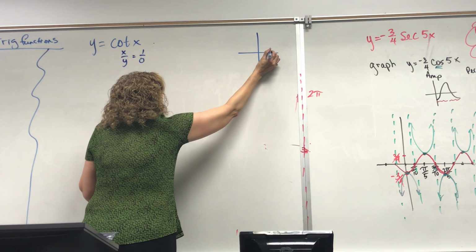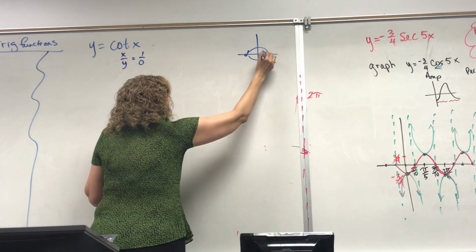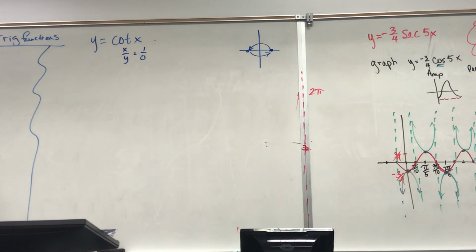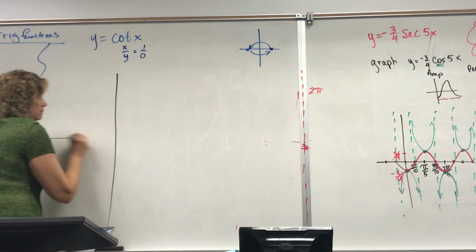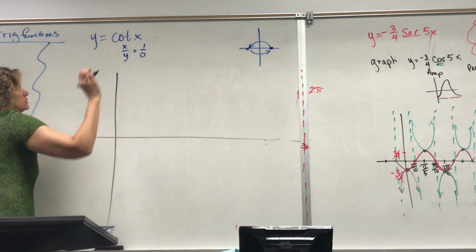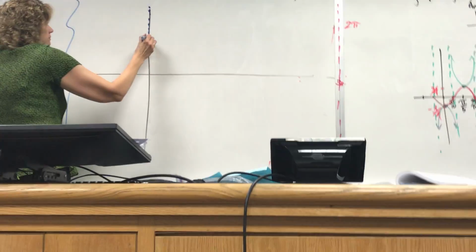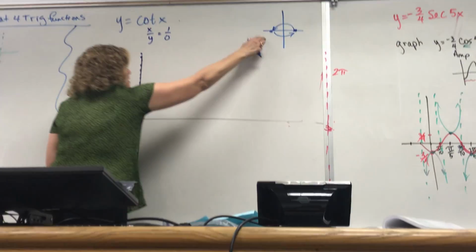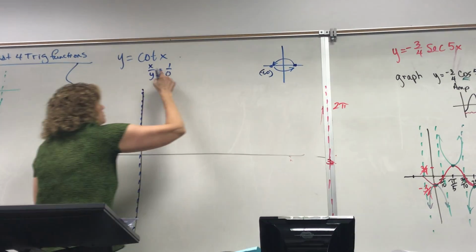Here, and also here, and back. So we're rotating between 0 and pi, and 2 pi, and 3 pi. Okay, so the cotangent of 0 is 0. I mean, undefined, an asymptote. Here, x is -1, y is 0.